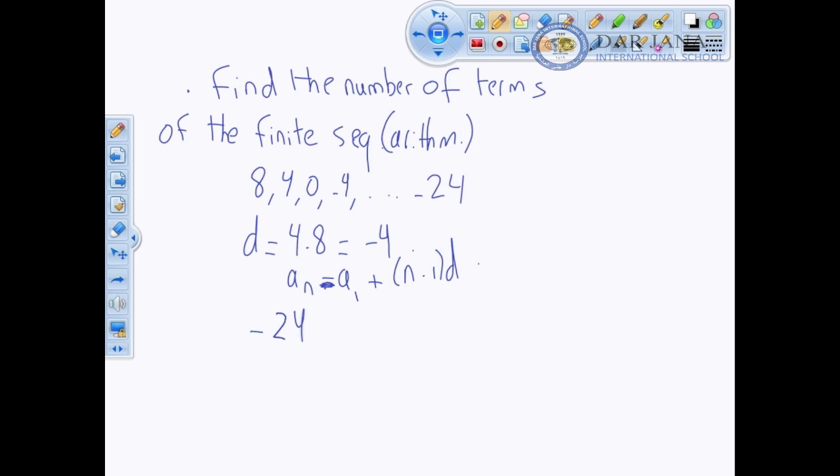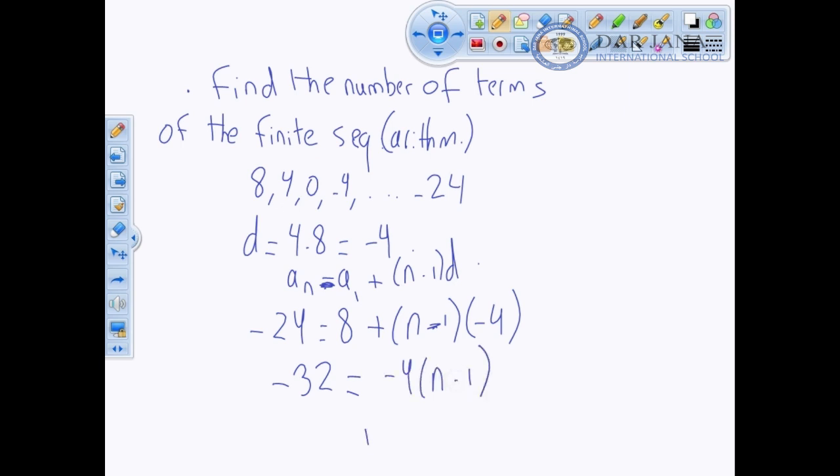Negative 24 is equal 8 plus n minus 1 times d, which is negative 4. So negative 32 will be negative 4 times n minus 1. And n will be 9. So we have 9 terms in this finite sequence.